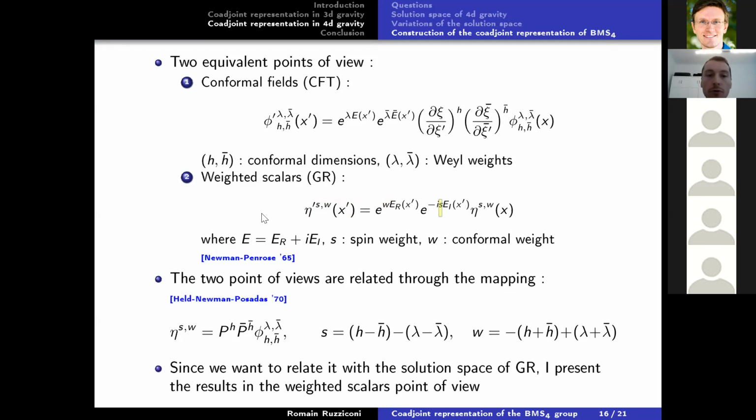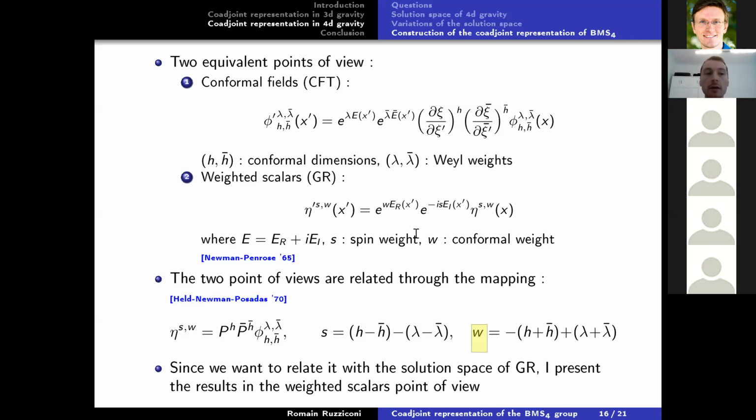These 2 points of view are actually completely equivalent and can be related through the following mapping. If you start with a conformal field description, you can contract your conformal field with some well-chosen power of P and P bar, so that at the end you obtain the associated weighted scalar. Through this mapping, the weights of the conformal field point of view are related to those of the weighted scalar point of view through the following formula.